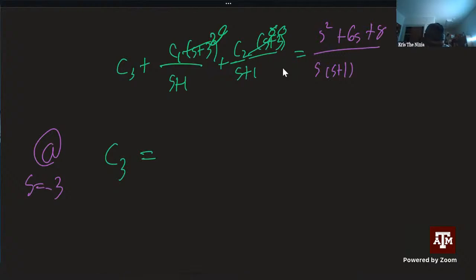S squared goes to minus 3 squared plus 6 times minus 3 plus 8, over minus 3 times minus 3 plus 1.